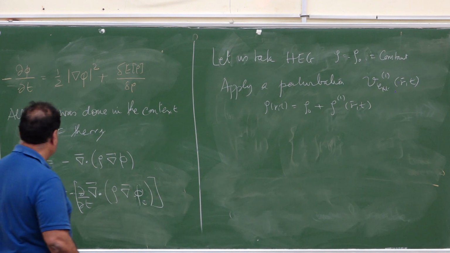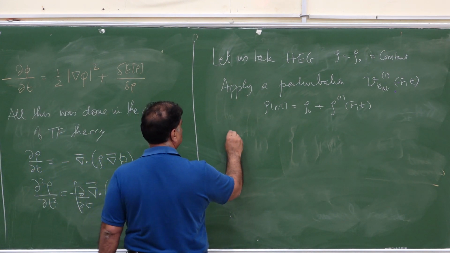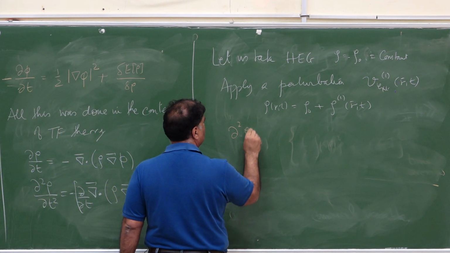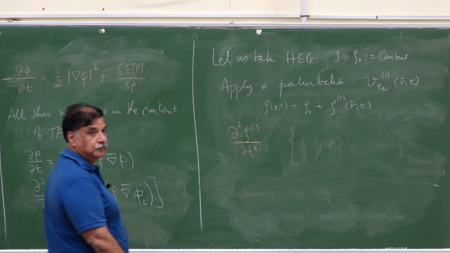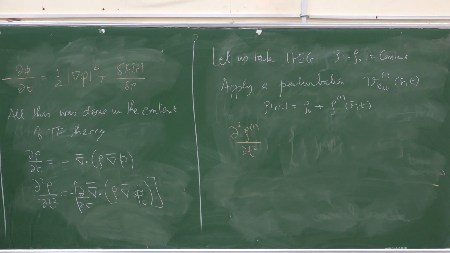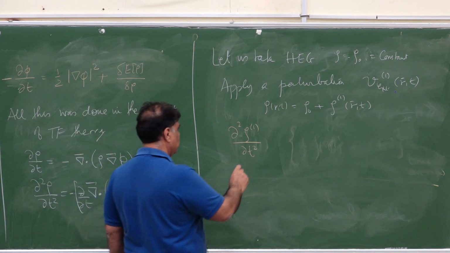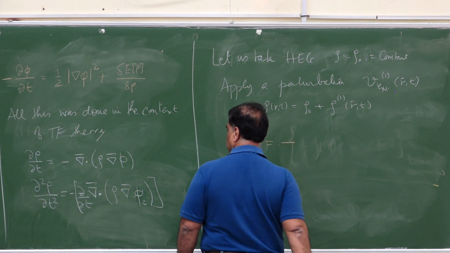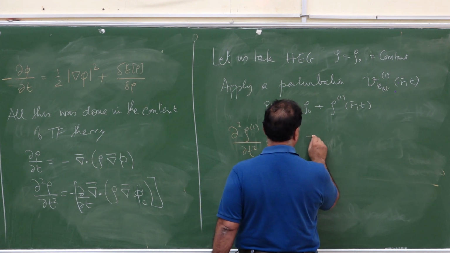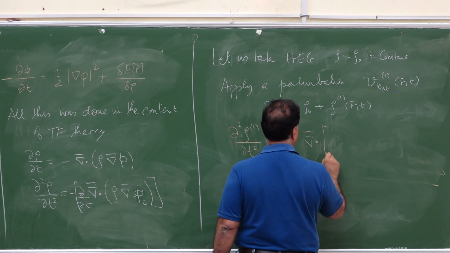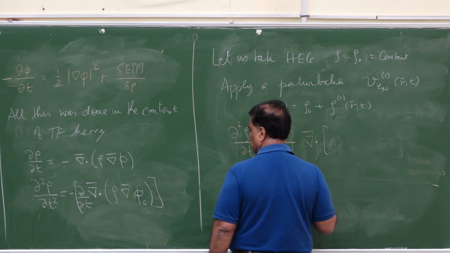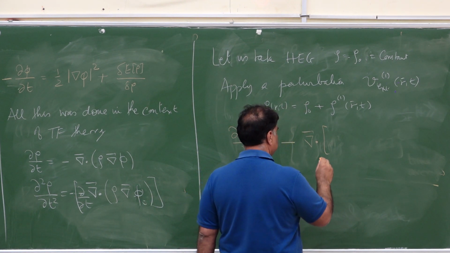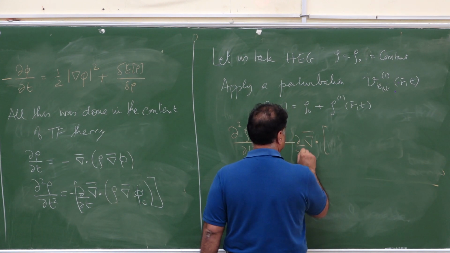In this equation, the first order equation will be d2 rho 1 dt square. Alright? And inside I'm going to get equals minus divergence of, since this is going to be rho 0 plus rho 1, right? d by dt.